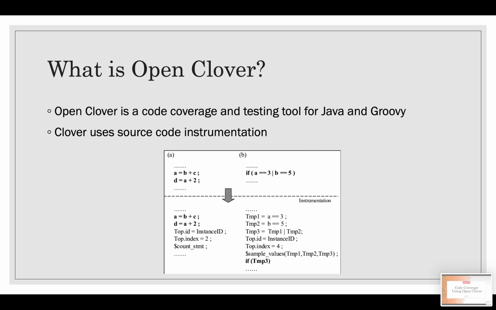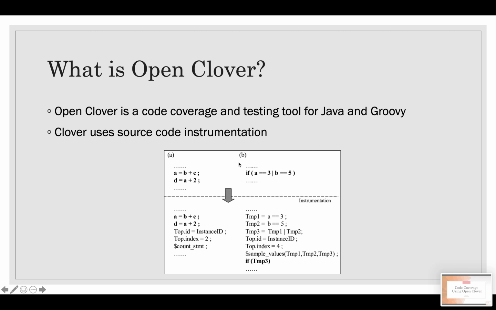So what is Clover? Clover is a coverage tool and testing tool for Java and Groovy code. Clover uses code instrumentation, as I've told you already. So as you look here, this is your source code. Even this if statement, this is your source code.